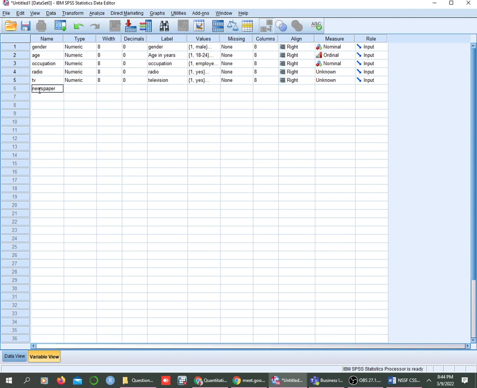I'm saying the last one because it's more of a repetition. Even if you have 20 multiple choices that people can choose from, it's the same drill. The only thing you need to know is the difference between the other-specify and this closed-ended response. Newspaper, numeric, zero, and then again I'll just say newspaper.